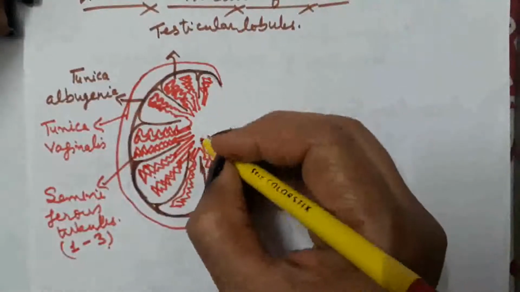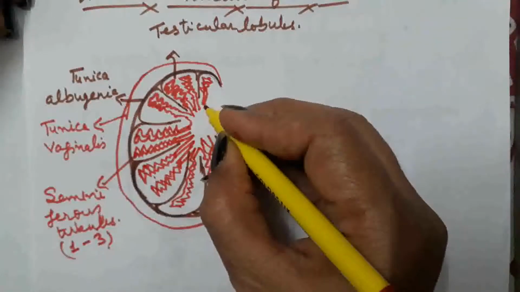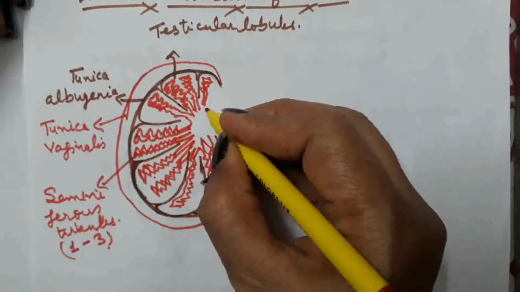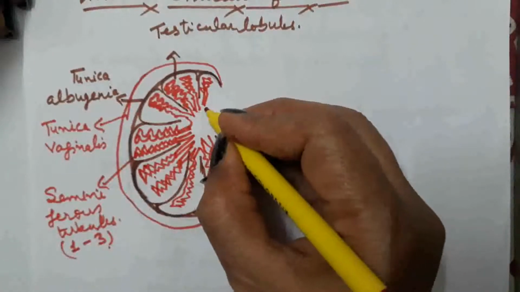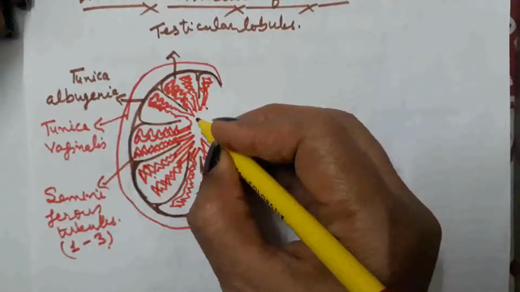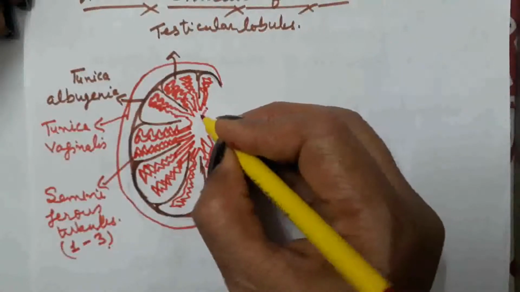Their straight parts combine with each other and form a network-like structure.